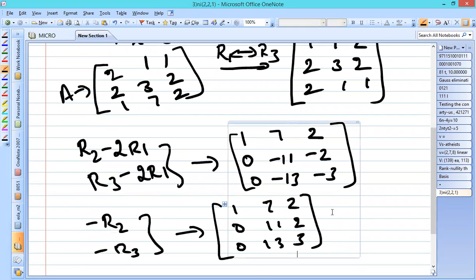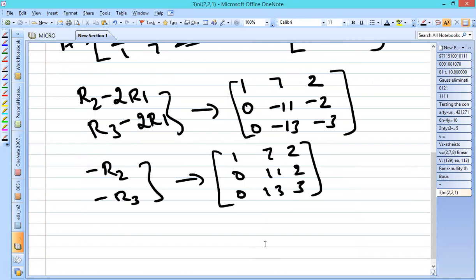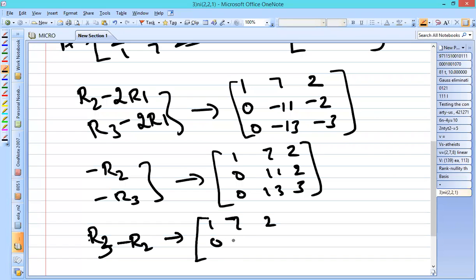To reduce it further, we try whether the bottom row can become 0. If the bottom row becomes 0, then the rank of the matrix will be 2; otherwise, it will be 3. Do R3 minus R2 and see what you get. You can use any transformation method, that doesn't matter, but just check whether the bottom row elements become 0.